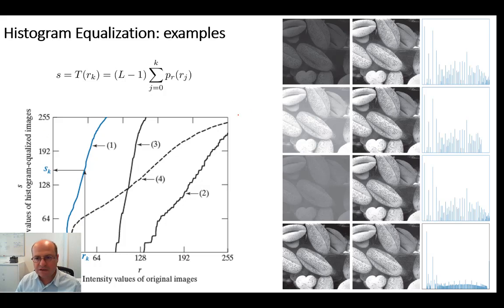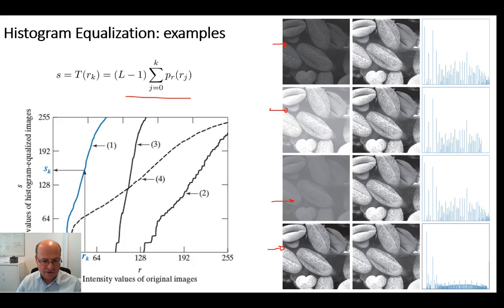In this example, we see on the leftmost the original images, and these are the transformation functions. These curves here are the applications of this equation to each one of these images.